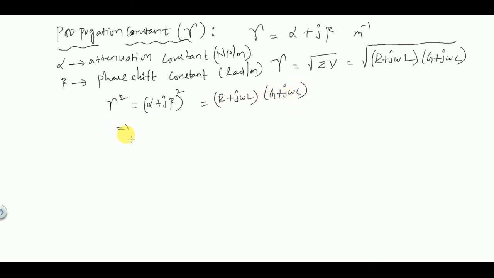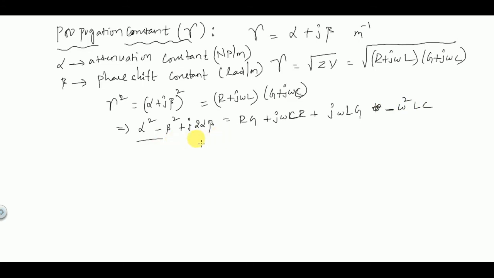So this becomes alpha square minus beta square plus j into 2 alpha beta is equal to RG plus j omega L G plus j omega C R minus omega square LC.